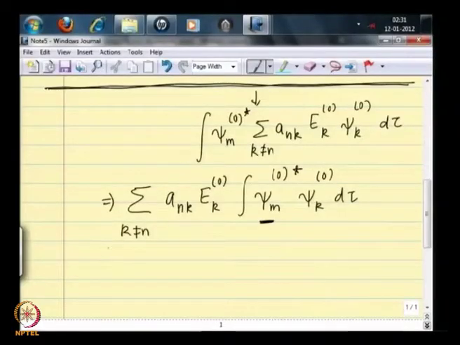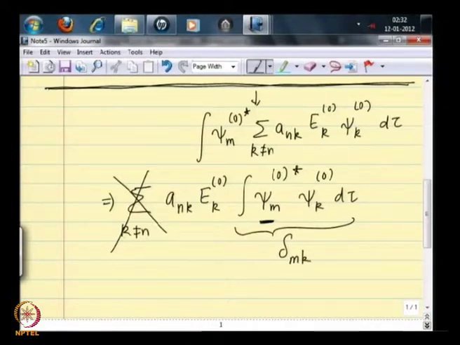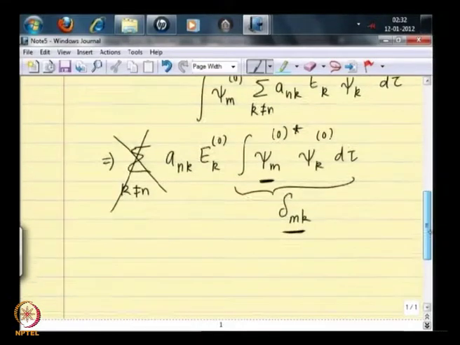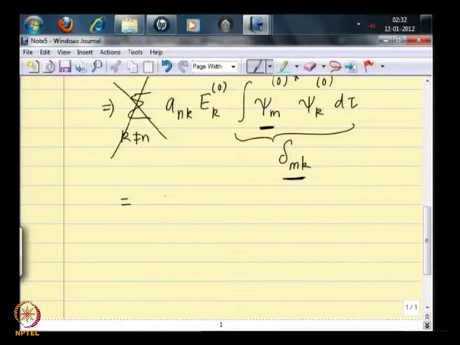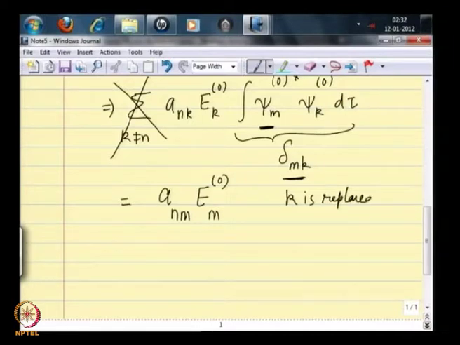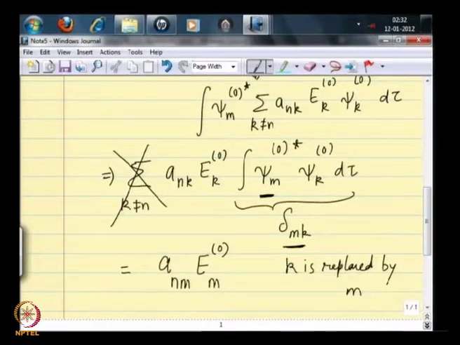Therefore, this summation will go away and this integral will turn out to be delta m k, and since here we are summing over k and this delta m k restricts the value of k to m, what you will get is a n m e m 0, where k is replaced by m. Only one term. All other terms in this integral will be 0 because the wave functions are orthogonal.